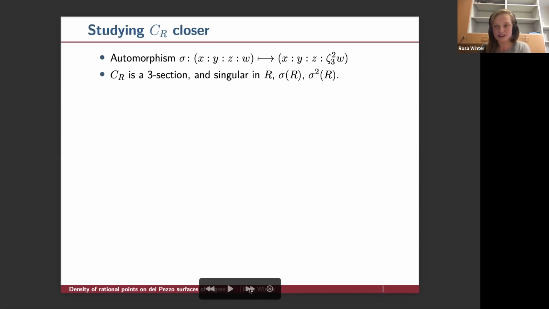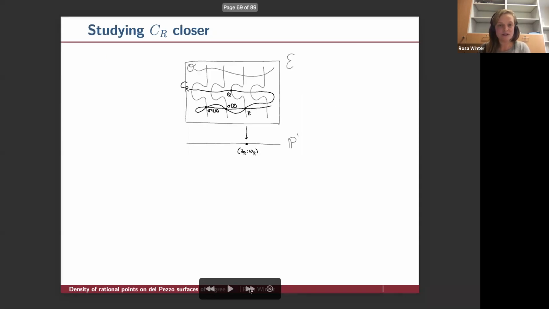They just happen to be there as well. So this is a drawing of the 3-section. It is singular at R, but also at sigma R and sigma squared R. And sigma always sends a point to another fiber because it acts on w.